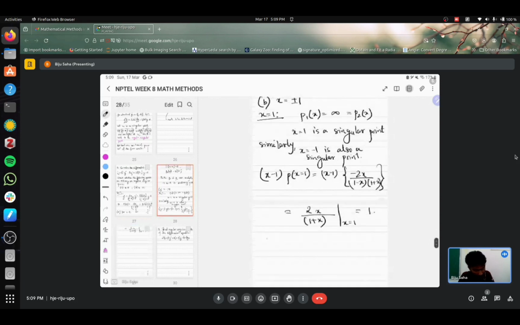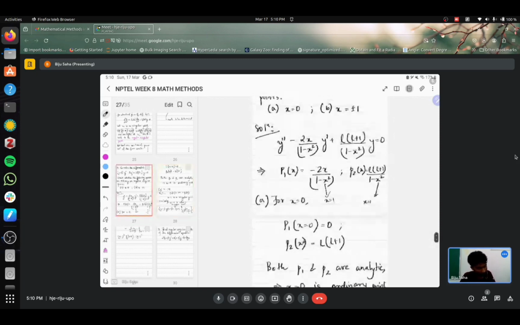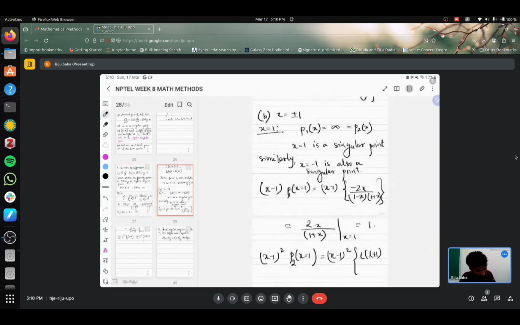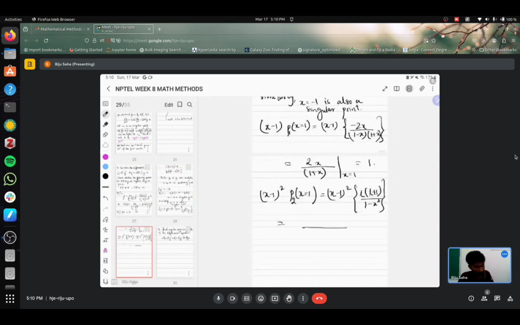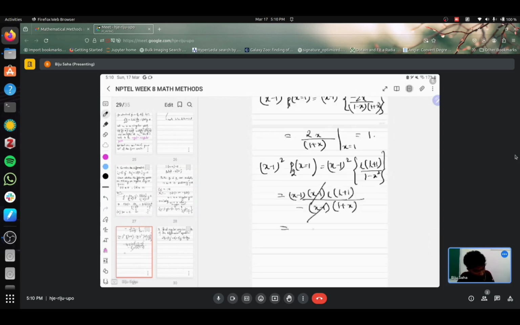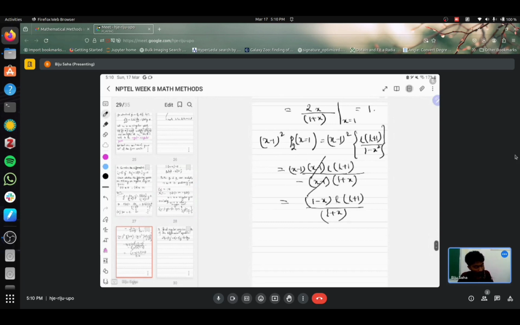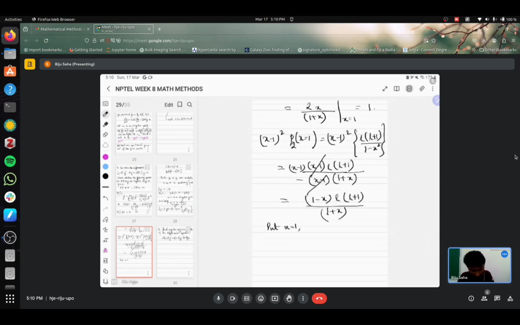And also when I check (x minus 1) whole square P2(x), put x equal to 1 here, this turns out to be 0.